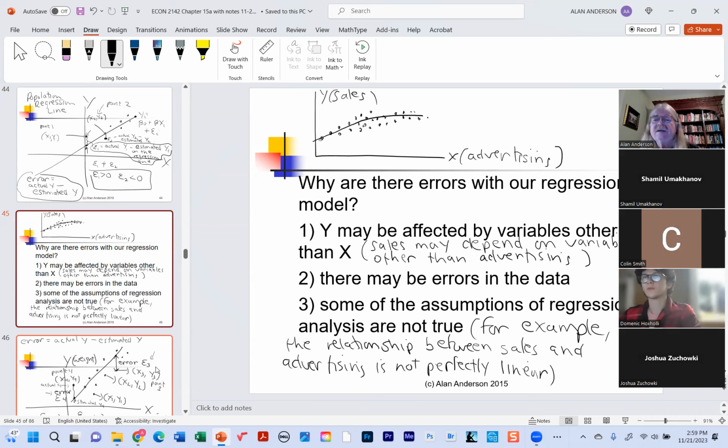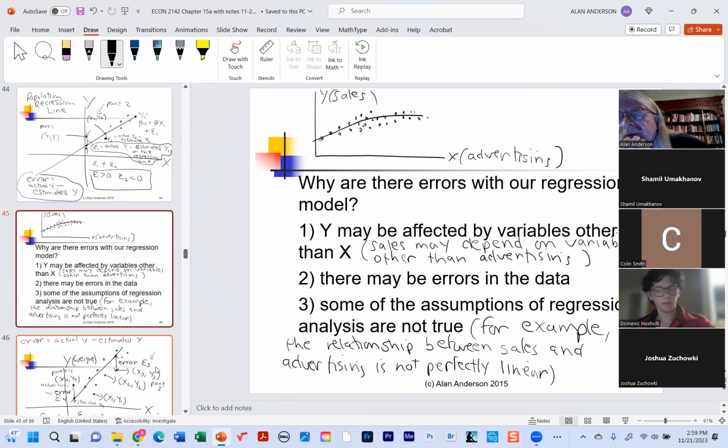For example, in the sales example, our sales may depend on other variables besides just advertising, and if that's true, we're missing all that information. That's why we have those errors up there, because that reflects the missing variables. What if, for example, our sales depend on the state of the economy? Well, we don't have that in our model, and so that's why the numbers float around like that.